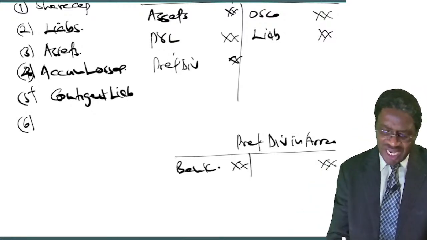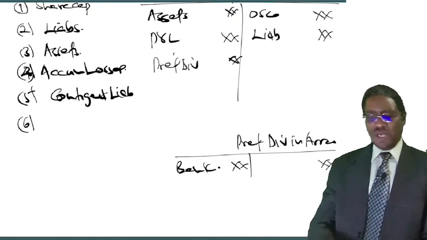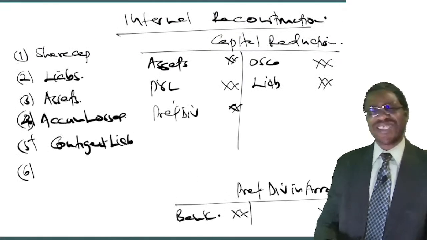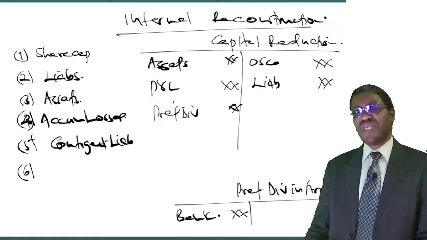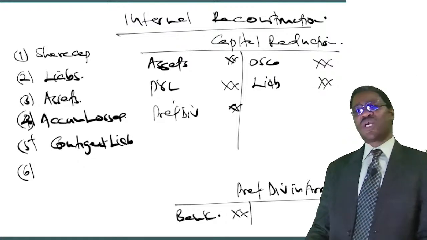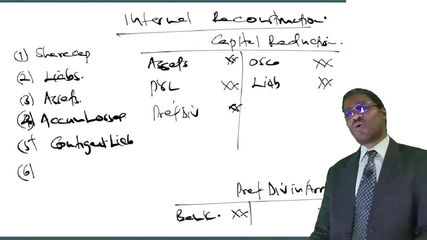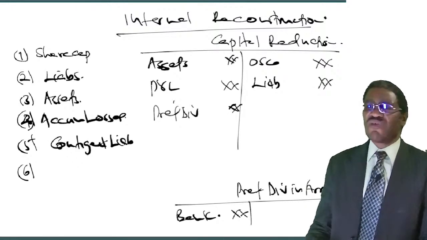Number 6, and the last one, listen: once you implement the transactions, we said this account called capital reduction should be self-balancing.